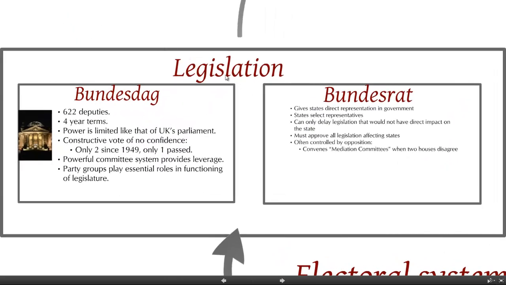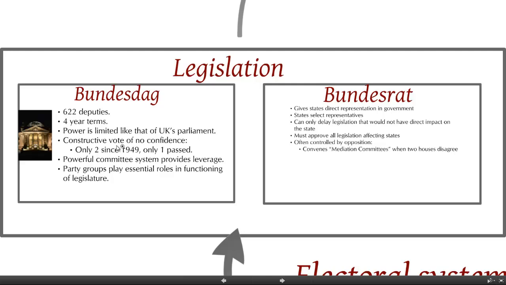The legislative assembly is divided into two chambers, so it's again a bicameral system, which has the Bundestag and the Bundesrat. And the Bundestag is the representative of the people directly. Members in this chamber serve 4-year terms, and the powers of this parliamentary chamber are limited like those of the UK's parliament.